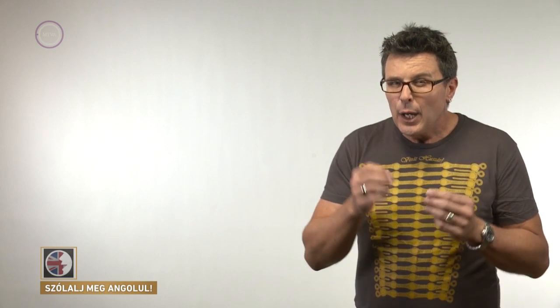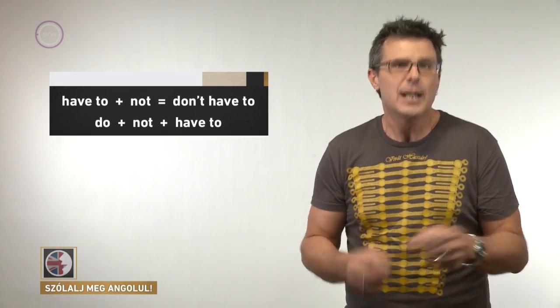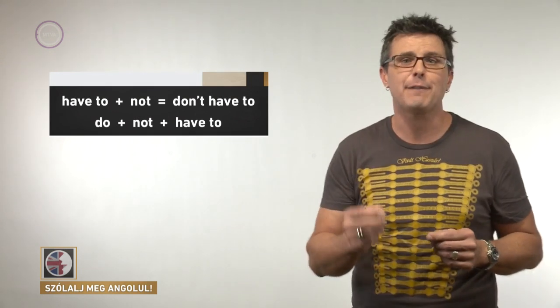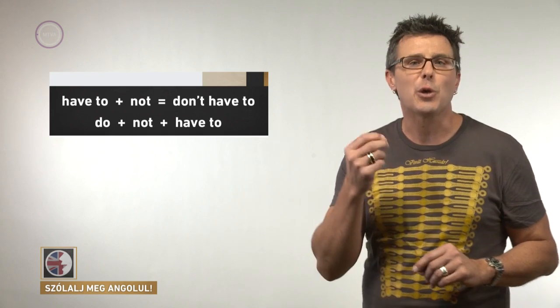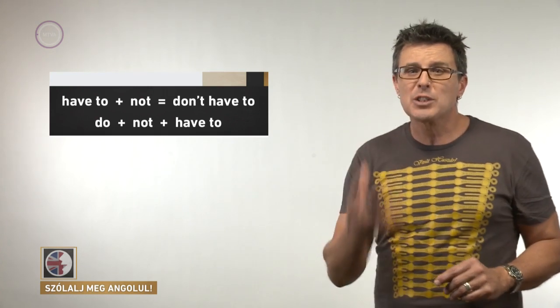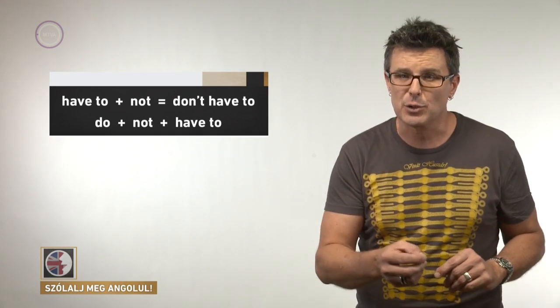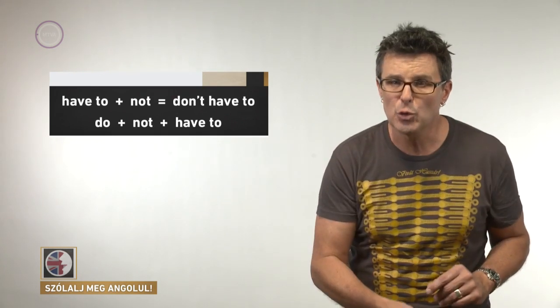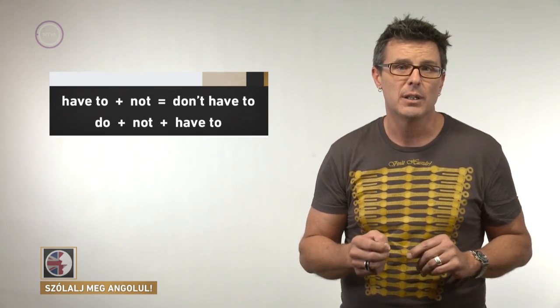Now, for a start, with have to, we have to conjugate the verb. This means that when we add not to have to, we have to use the auxiliary verb do. So, when we want to make the negative version of have to, we use the verb to do, add not, and then finish with have to.